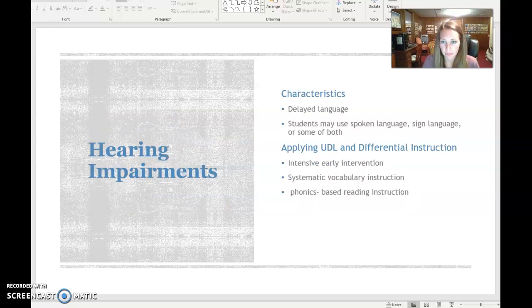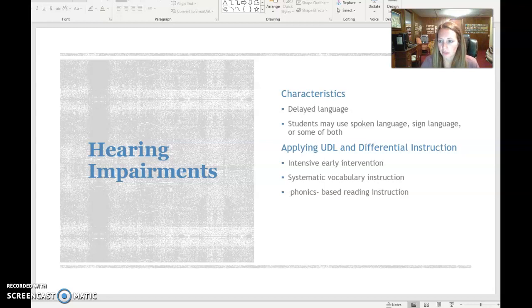Hearing impairment. Delayed language. A lot of times if they have hearing impairments as a baby, like a firstborn, then that makes their language a lot more delayed. Students will use some spoken language, some will use sign language, and some will use both.